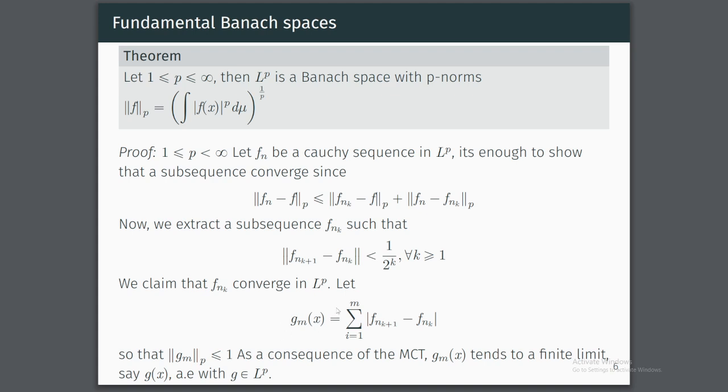Obviously, because you're taking the norm of the summation, it's less than the summation of the norms, so it's less than the summation of 1 over 2^k, which is less than 1. This is an increasing sequence. It's positive, always, because we're taking absolute values. So the MCT applies. And this tends to a certain limit, which we'll call g of x.